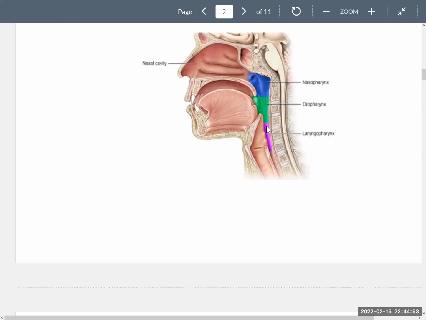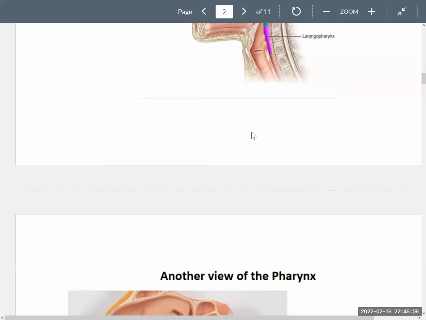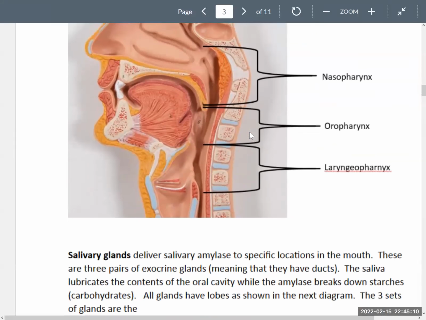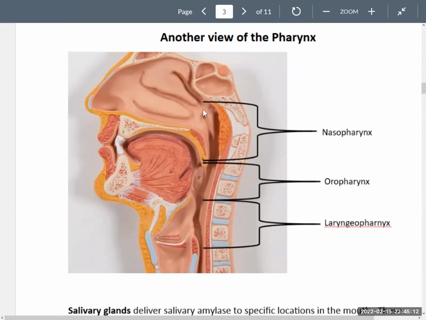And then the laryngopharynx is that part of the pharynx directly opposite the opening into the larynx. Here's our epiglottis again. Another view. Nasopharynx up here, down to here, contains the pharyngeal tonsils.